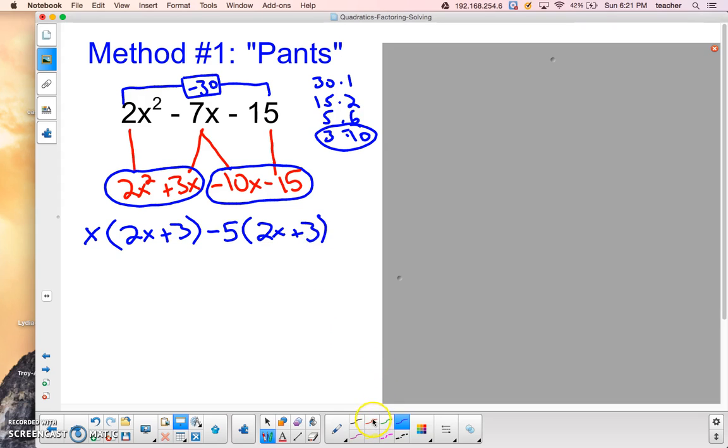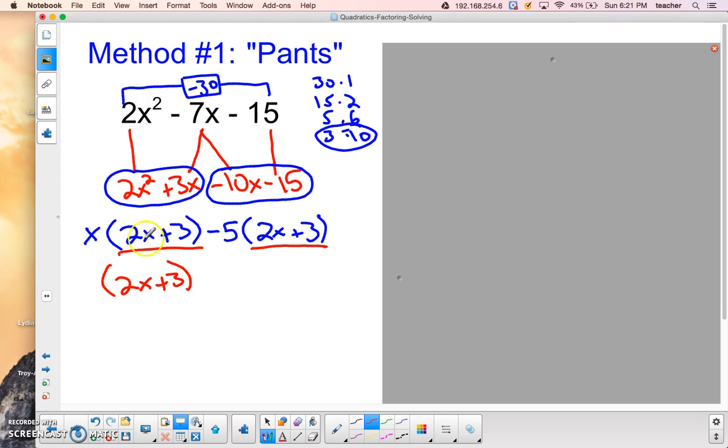Now it's important for you to notice that these parentheses are always going to match, and if they don't, you've done something wrong, so you should look at them. This is exactly why we did that last example for GCF, because now we're going to do GCF again. And this time you know that your GCF is this expression, 2x plus 3.